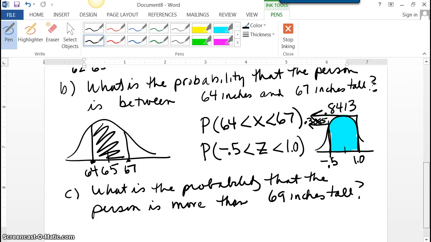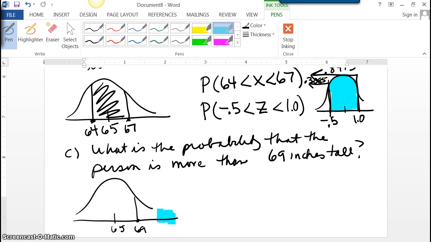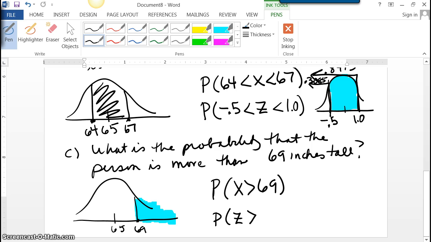And then we want to know what's the probability that somebody's more than 69 inches tall. So you're over here, and you're really trying to figure out the probability that a person is more than 69 inches tall, like that. And so you're just going to have to standardize the 69.